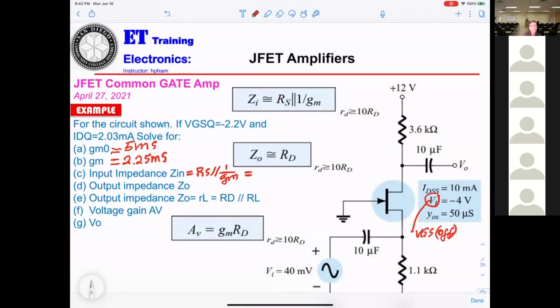Okay, who got the input impedance? I calculated 317 ohms.